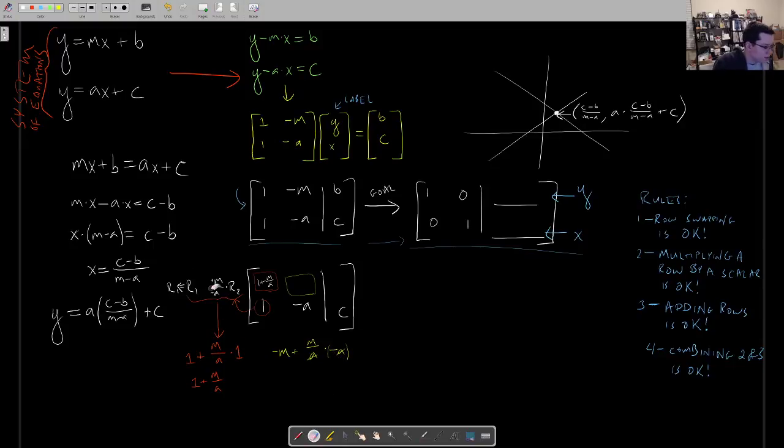Whoops, this should be a minus. And I don't have to change my statement over here because adding and subtracting are the same operation, just in opposite directions.